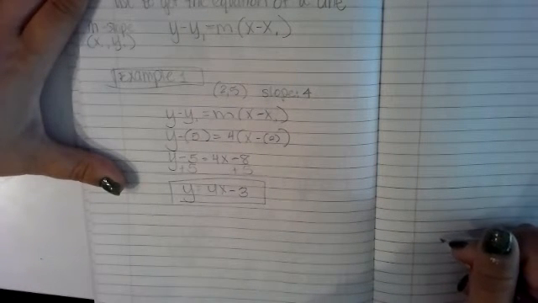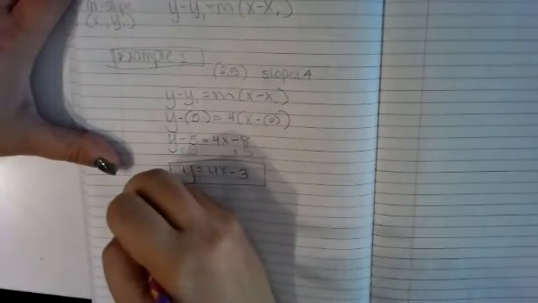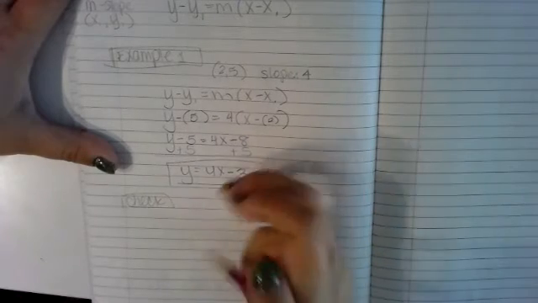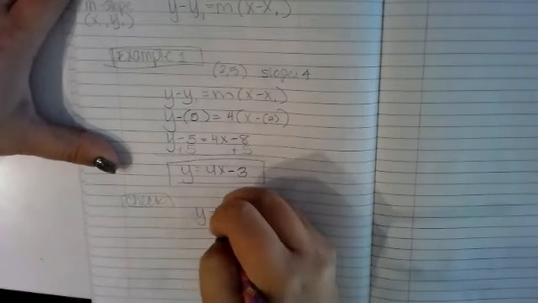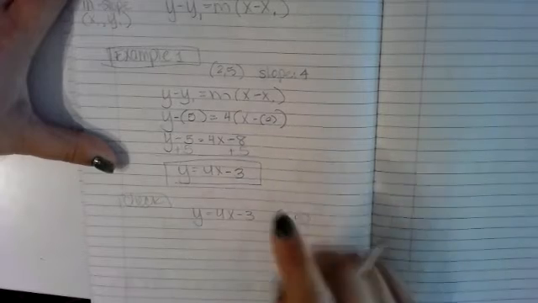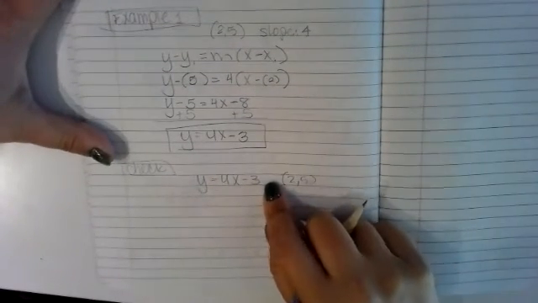And then in order to check that it's correct, I'm going to take this equation, y equals 4x minus 3, and substitute the point 2, 5 in to make sure that it holds true.